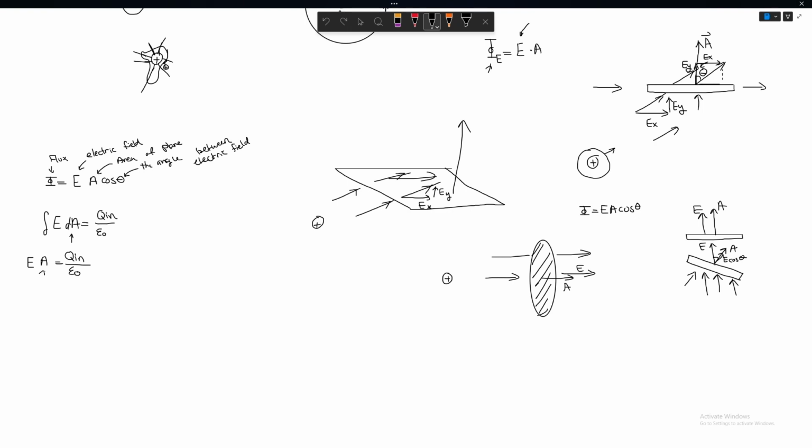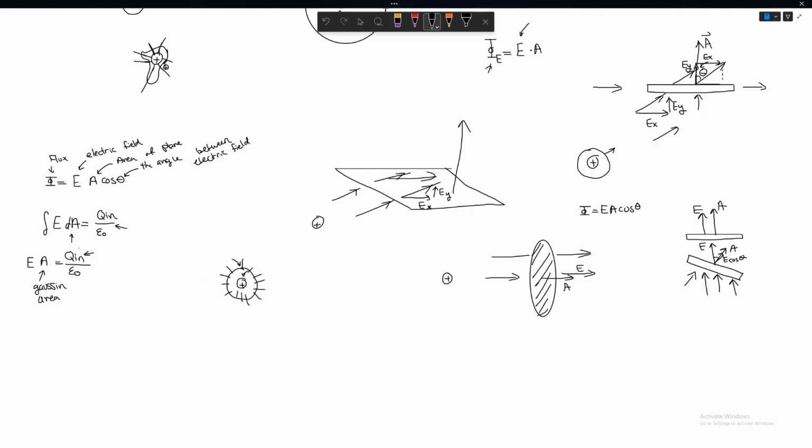This A is your Gaussian area. What is Gaussian area? Remember how I said, if I give you some electron and I make a circle around it, can you tell me how much flux is here? Well, yes. And if I also give you the electric field and the area, you can tell me how much charge is inside, because how many lines there are is totally correlated with how much charge is inside.